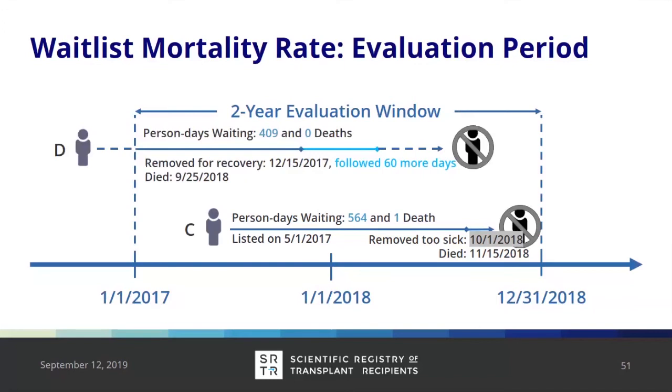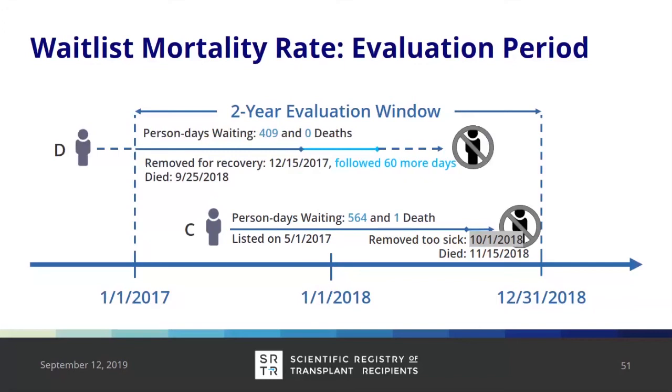My last example in this case would be somebody that was listed before the window, so we start following them once they enter that window. This person was removed for recovery on December the 15th of 2017, and unfortunately died on September the 25th of 2018. However, remember, in the case of removal for recovery, we only observed for an additional 60 days, okay?